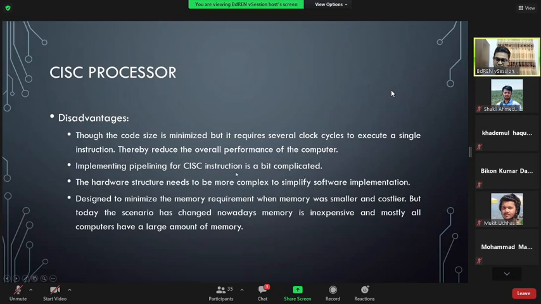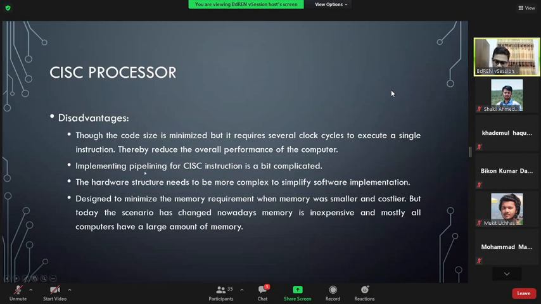So it says that although it is written as just 1 line of code, it's a combination of several other tasks inside it. That's why whenever you do pipelining for the processor, it will be a little bit difficult to handle.